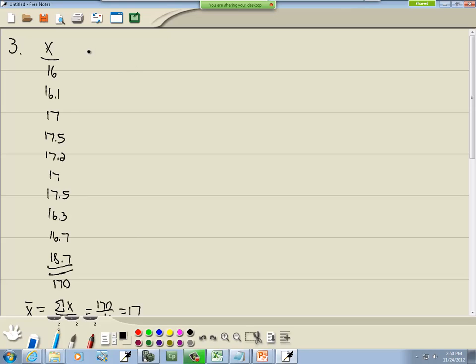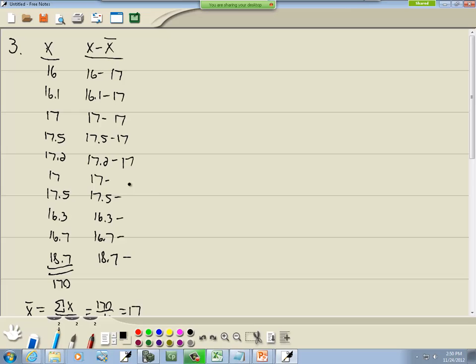Now we need another column. That's X minus X bar. So we have 16 minus 17 is negative 1. 16.1 minus 17 is negative 0.9. 17 minus 17 is 0.